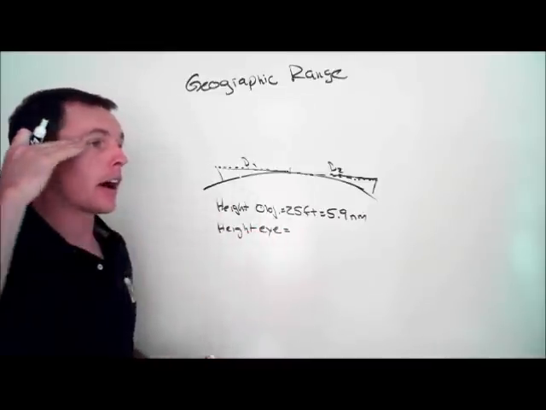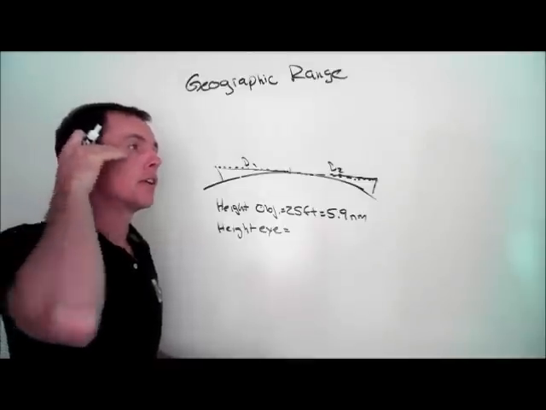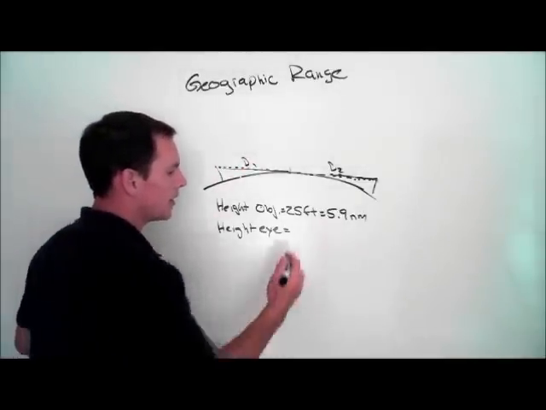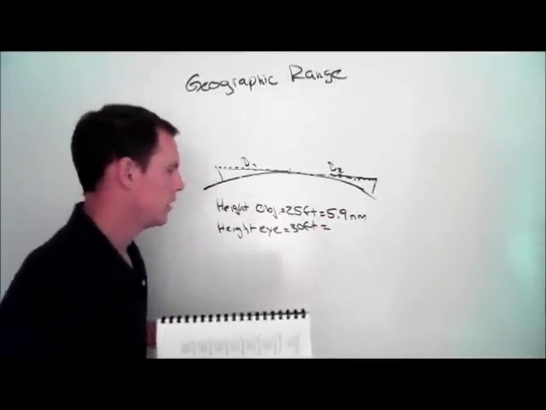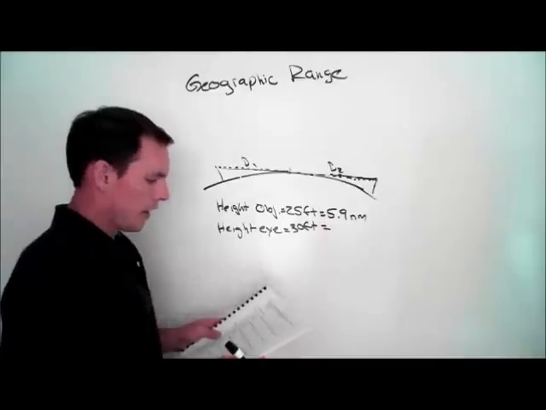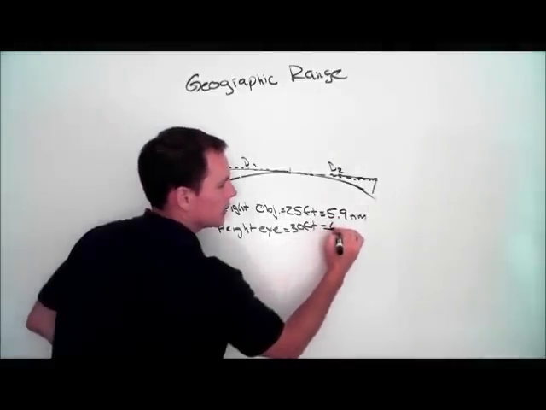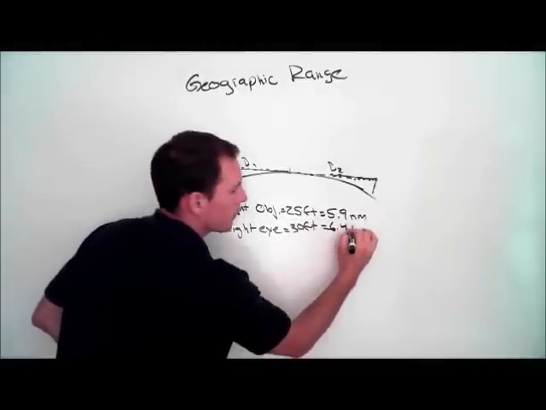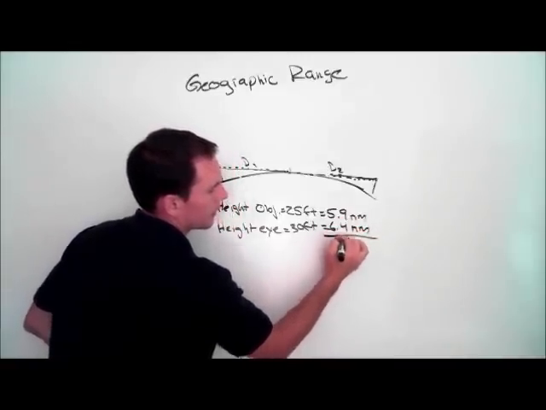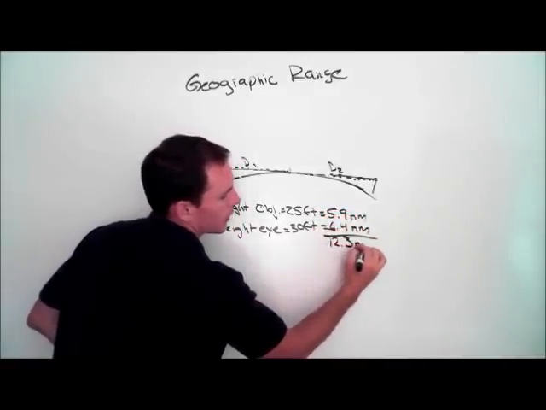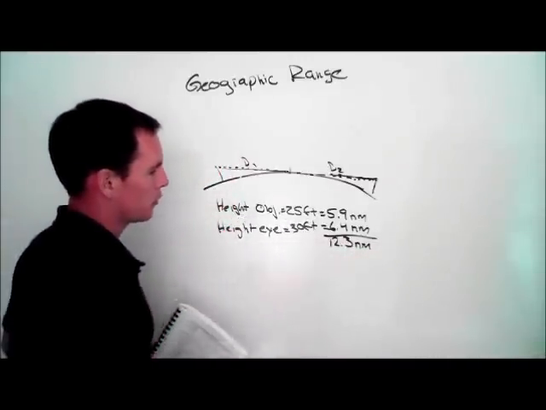How high is your eye when you're on your ship, when you're on your porch, anything? How high are you when you're looking towards the horizon? And our height of eye was 30 feet, right? Maybe we were on the bridge of a 60 foot vessel or something. And that yielded, from our table again, 6.4 nautical miles. Now we add those together, and we get 12.3 nautical miles. That's one of the answers here. It's D, 12.3 nautical miles.